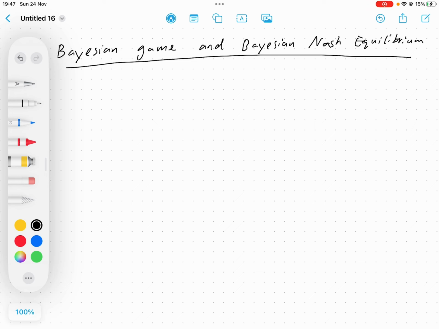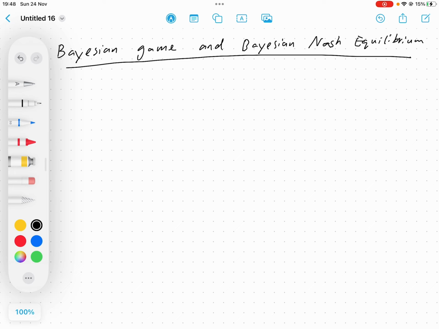So before that, let's have some notation for us to follow. We often wish to model situations where some of the parties are not certain of the features or characteristics of some of the other parties in the game, right?